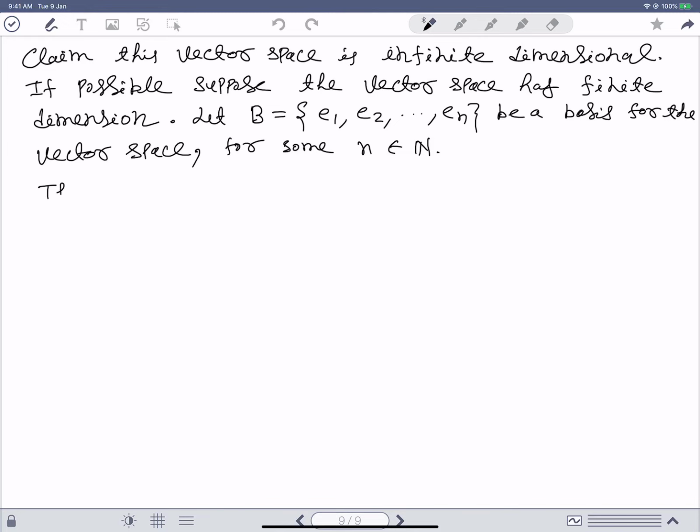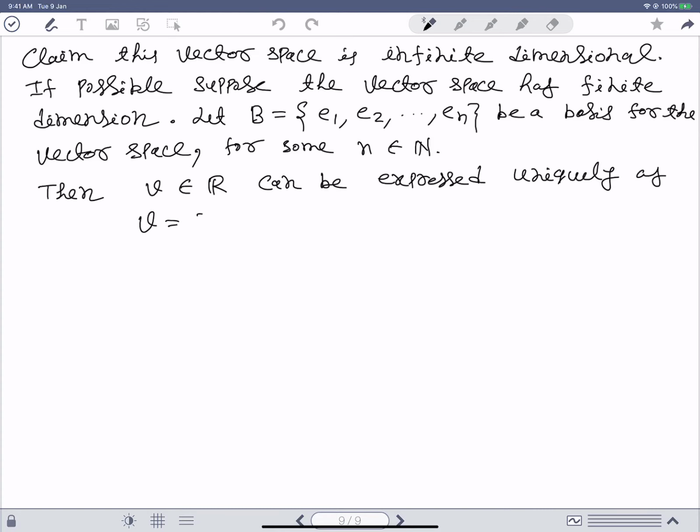Then each element of R, say v in R, can be expressed uniquely as v equal to x1 e1 plus x2 e2 up to xn en, where each xi belongs to Q, and this expression is unique.